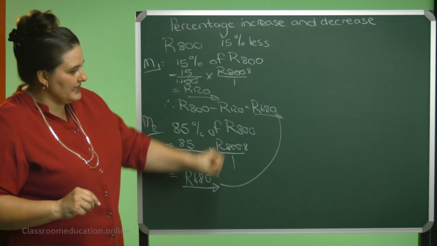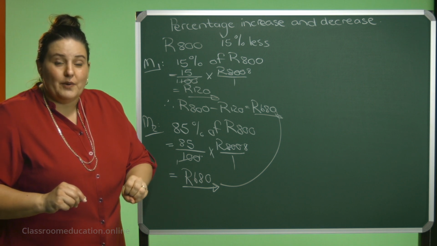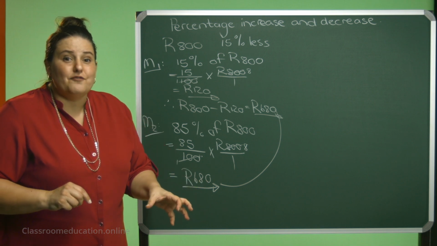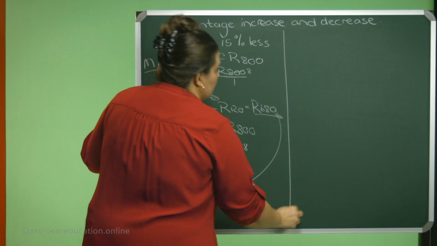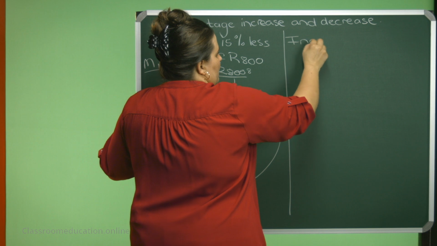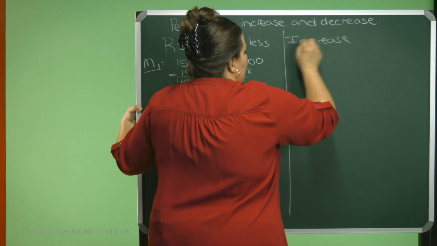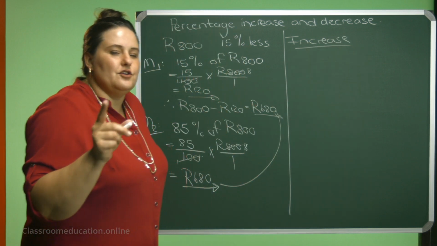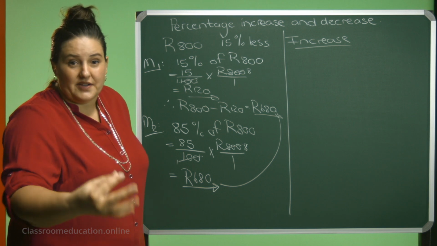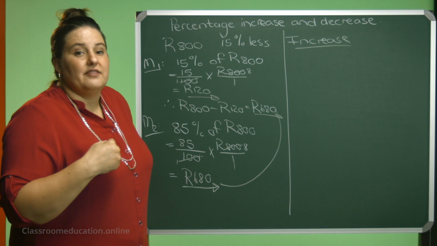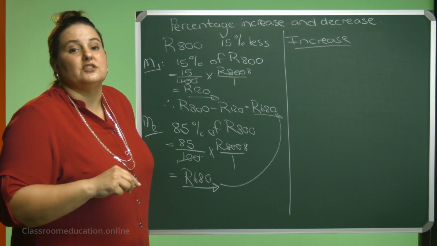Right, this was in decrease. Actually, when you do increase, it kind of works the same. Let's do an example. Okay, let's say that you are now in the USA and you want to buy some sneakers, takkies. And the price for that is $200.